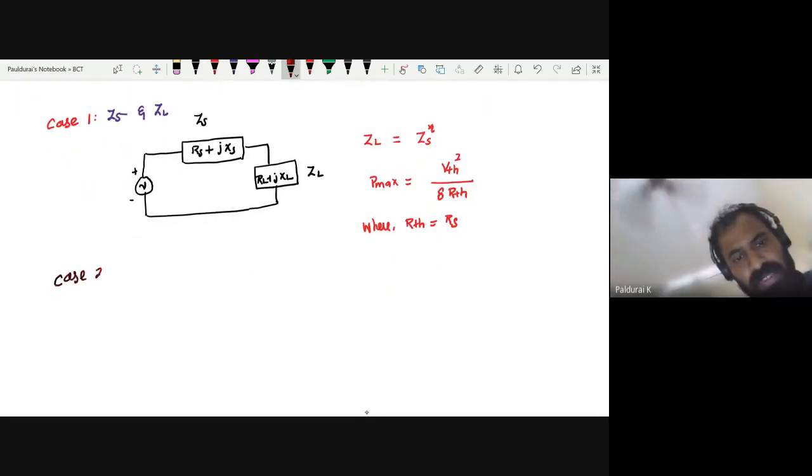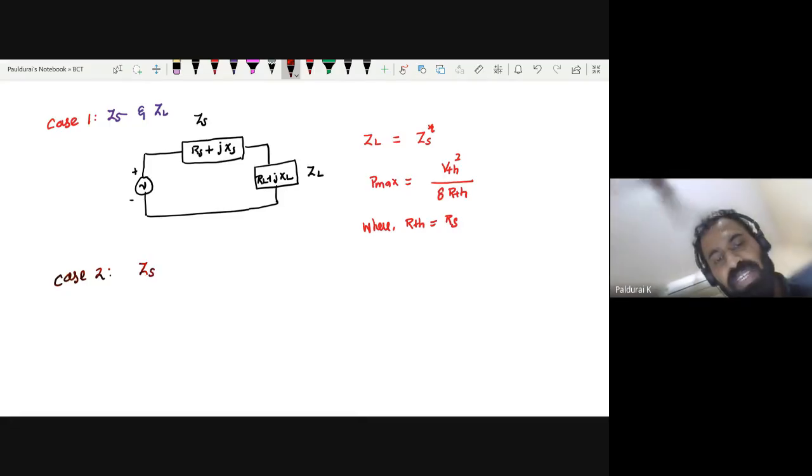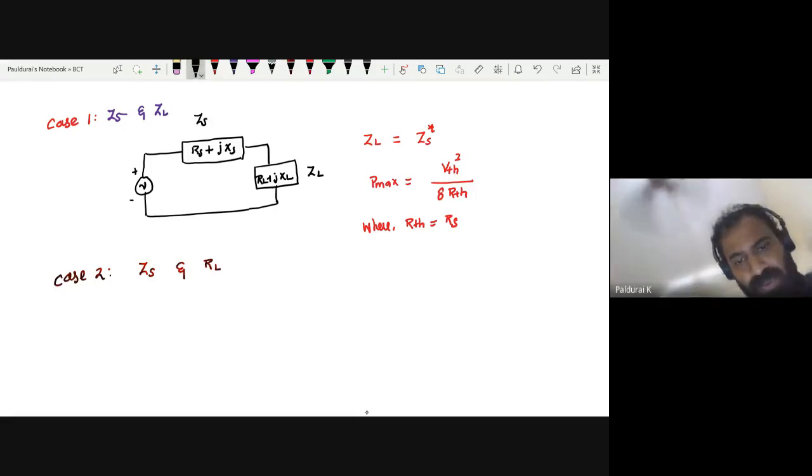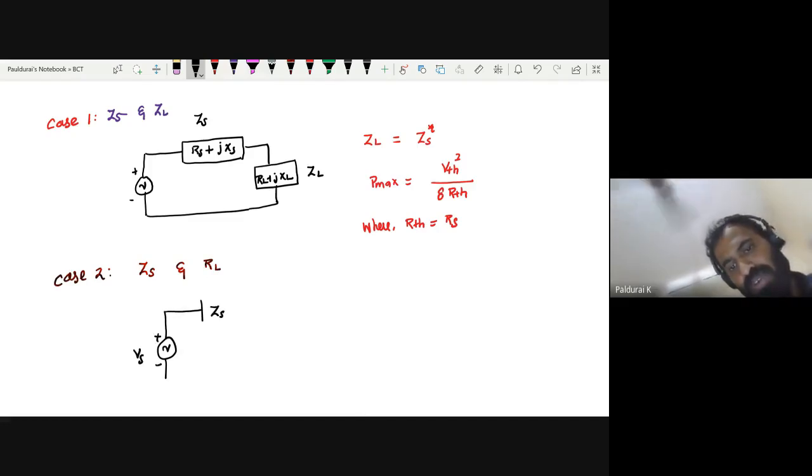And case 2, this time there is no change in the source since we are playing with AC. So source impedance, but load resistance RL. Let me draw the circuit diagram. There is no change in my source, so again the source is ZS, but this time I am connecting a resistance RL.